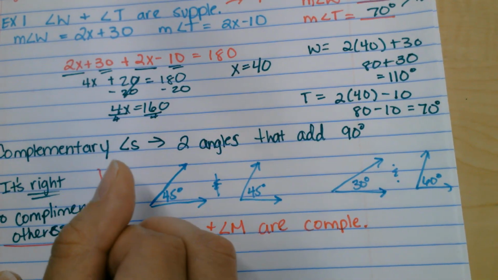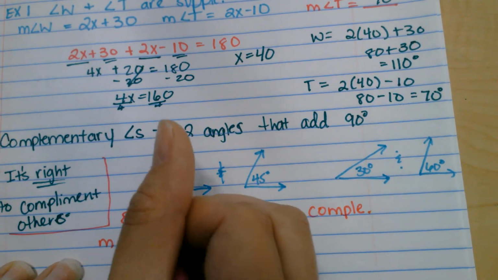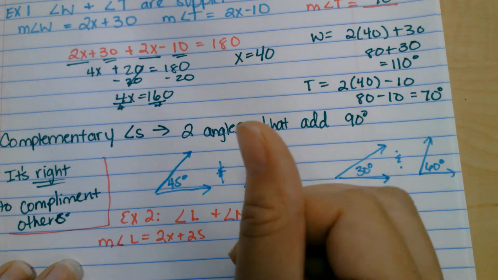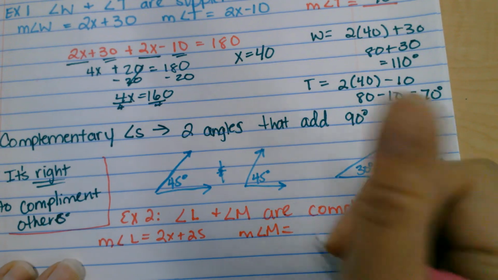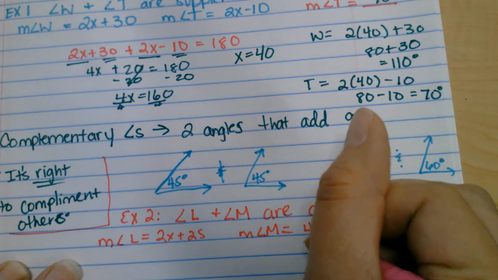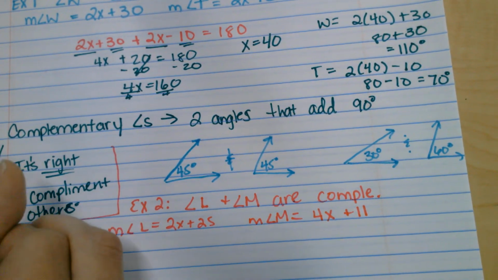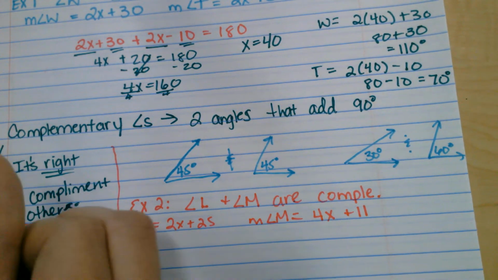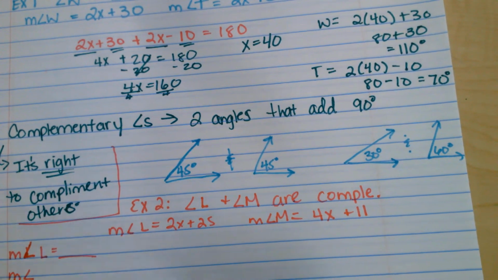Measure of angle L is represented by the expression 2x plus 25 degrees, and the measure of angle M can be represented by 4x plus 11. Same thing that I wanted to know last time: I want to know the measure of angle L, and what is the measure of angle M.